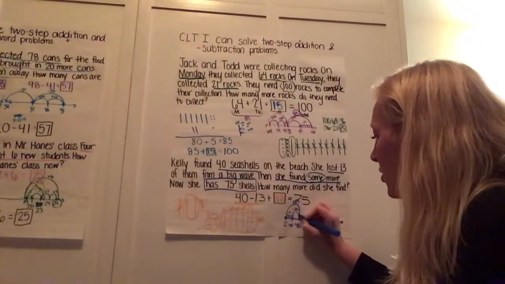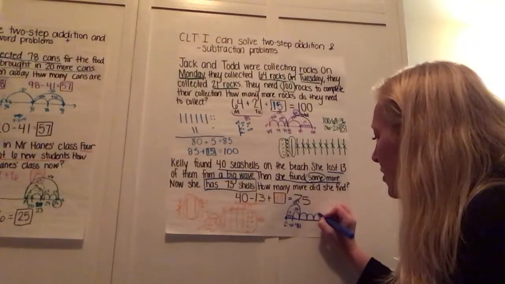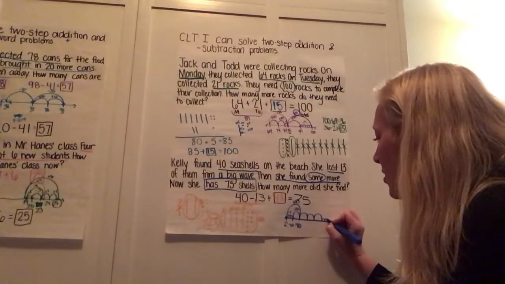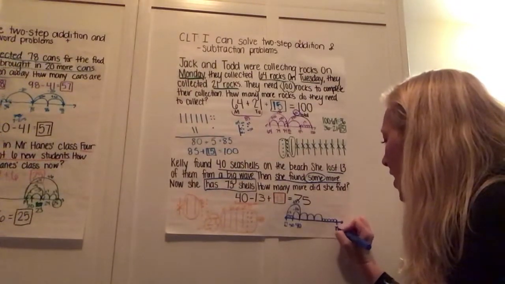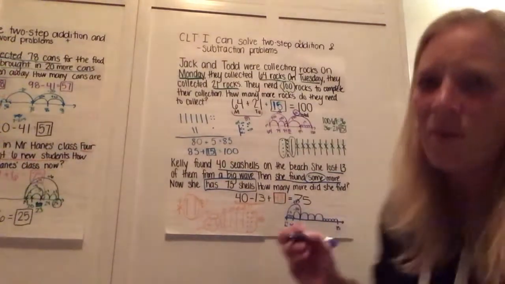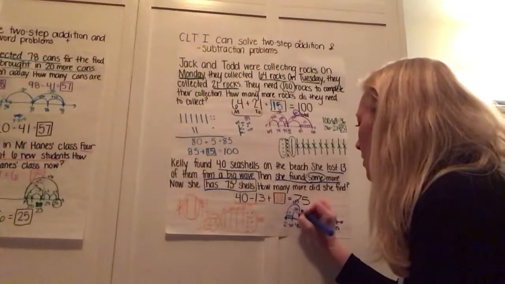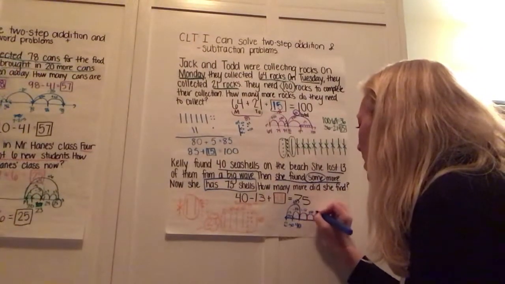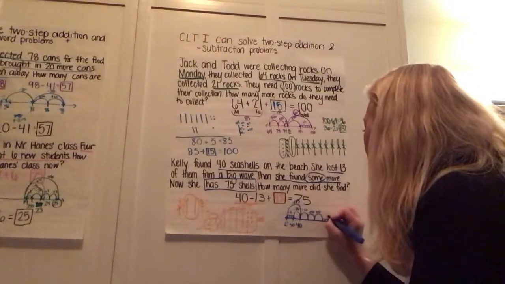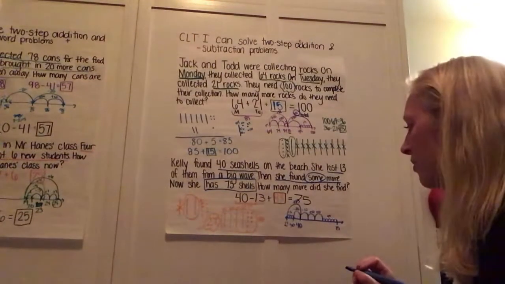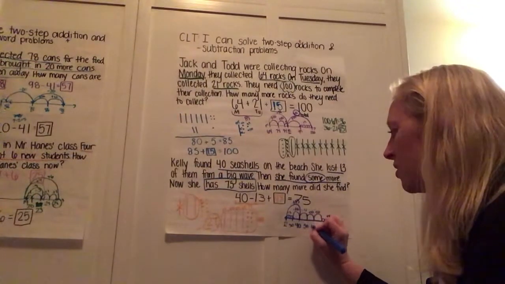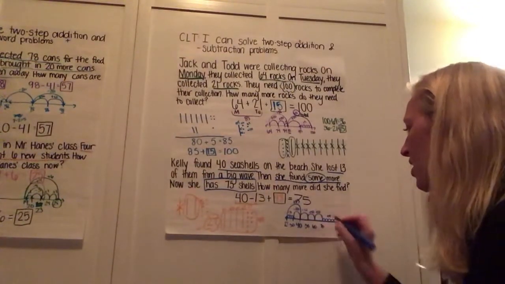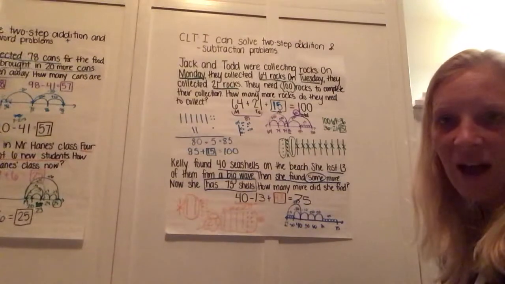And you're at 40, so you're going to go 50, 60, 70, 71, 72, 73, 74, 75. We're going to get to 75. But what were your jumps along the way? 10, 10, 10, and there were 5 right there. So then 10 more than 40 was 50, 60, 70, and then we jumped 5 more to get to 75.